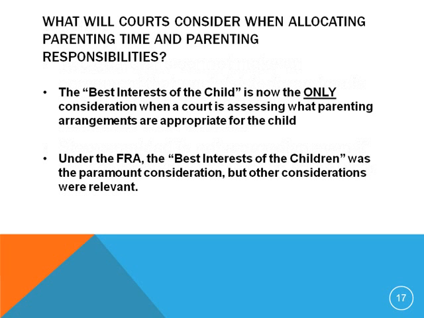So what they're going to consider is the best interest of the child. That is the only consideration in assessing what parenting arrangements are appropriate for the child. Under the old Act, best interest of the child was a paramount consideration, but other considerations were relevant. But now it is the only consideration.